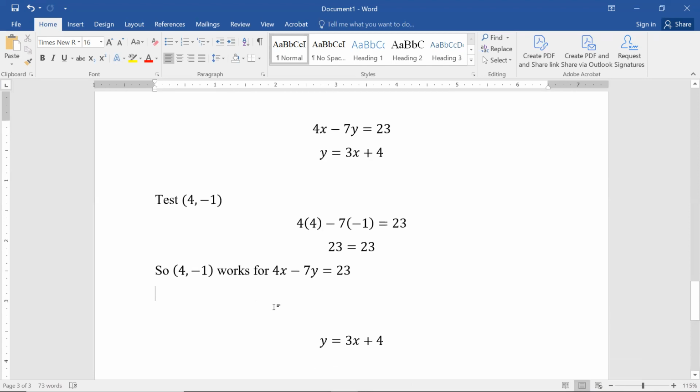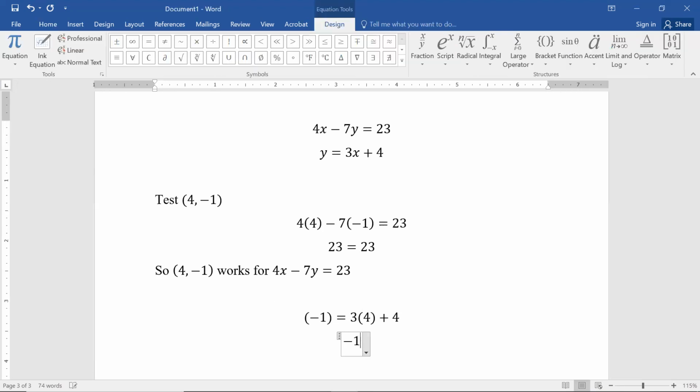When I say works for, that's just another phrasing to say is a solution for. So it's a solution to the first equation. However, if we look at the second equation and I plug in negative 1 for my y and 4 for my x, what happens is I end up getting an equation that says negative 1 is equal to 16, which is obviously not true.